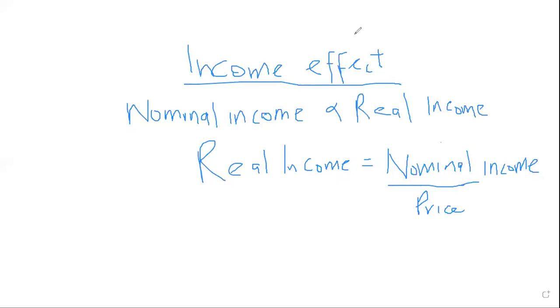So let's say the commodities again are Y and X, the price of X, and then I is the nominal income of the consumer. So the price of X comes down.